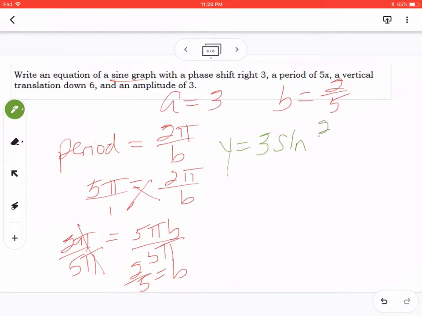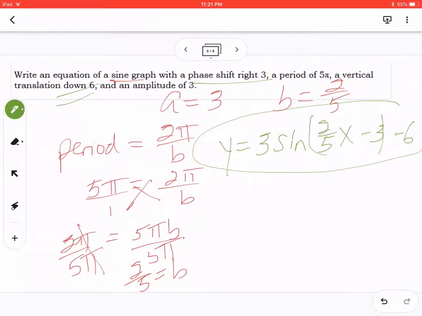And then we're going to have our 2/5, the b value in front of x. We're going 3 units to the right, so we're going to take away 3 this time. Enclose all that in parentheses. And then down 6 is going to be at the end, so it's going to be subtract 6. That is the equation that we're looking for.